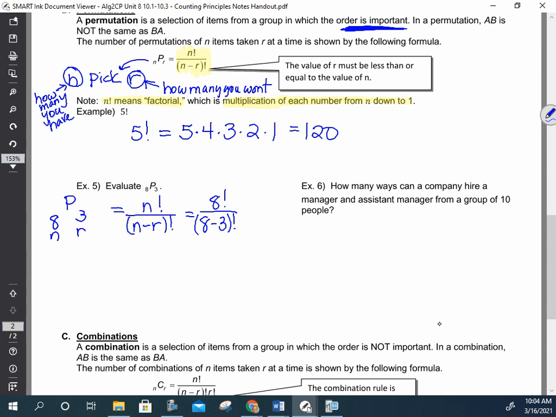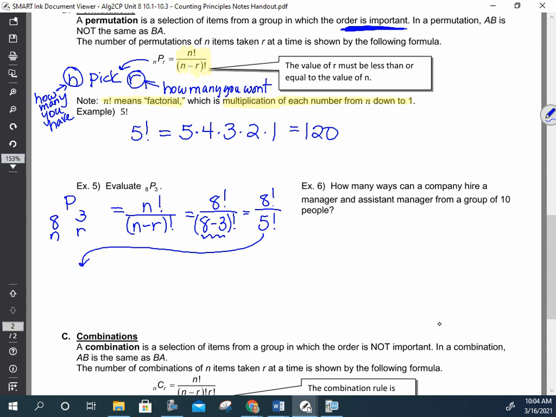So we're going to make this a little bit easier on ourselves. 8 minus 3 is 5. We have 8 factorial over 5 factorial. Any questions before we solve it out? I'm going to show this the long way for those of you who do not have a calculator.